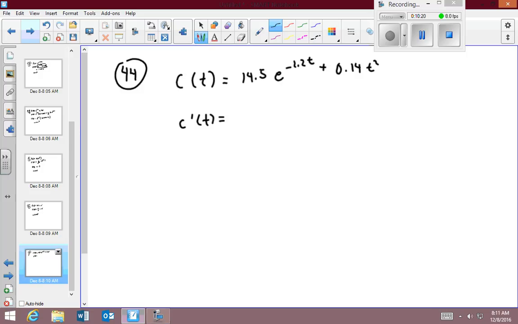The derivative of that is 14.5 e to the negative 1.2t times the derivative of the exponent, which is a negative 1.2, plus the derivative of the second term, which is 0.28t.